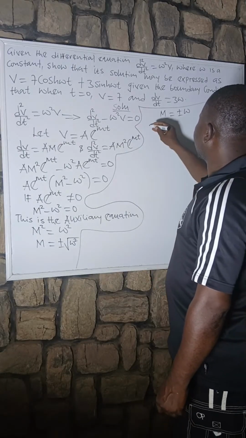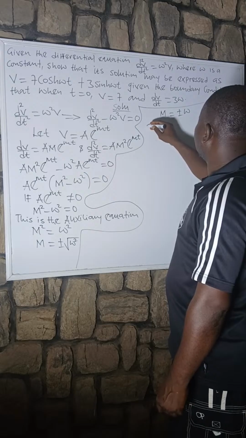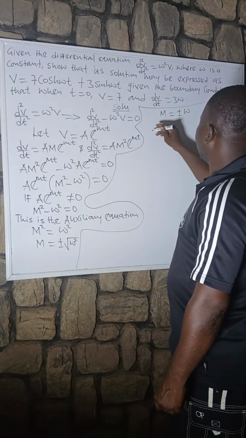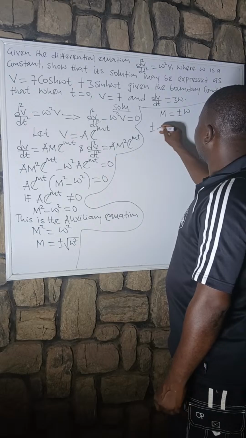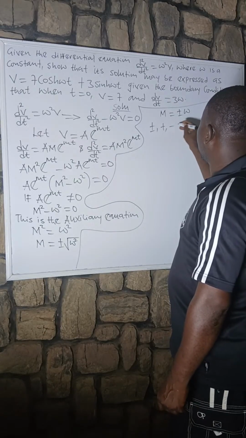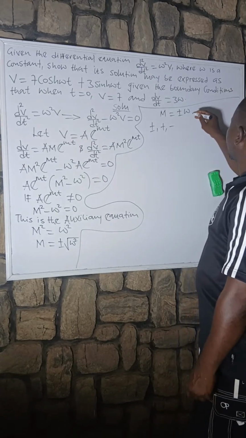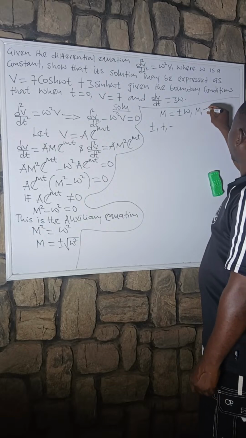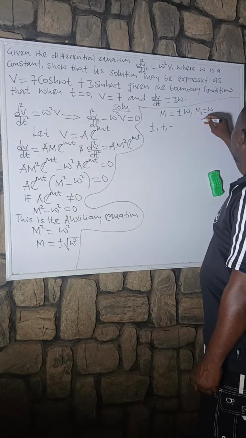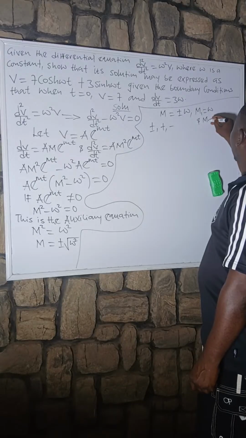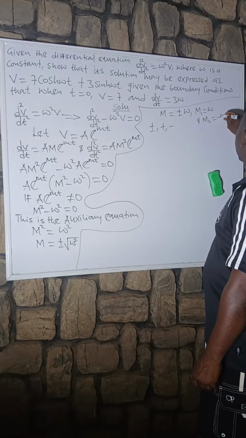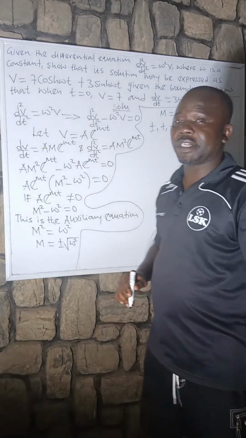So you can now see that because of this plus or minus, it means plus comma minus. So we are going to have our m1 equal to omega and m2 equal to minus omega. Do you agree with me?